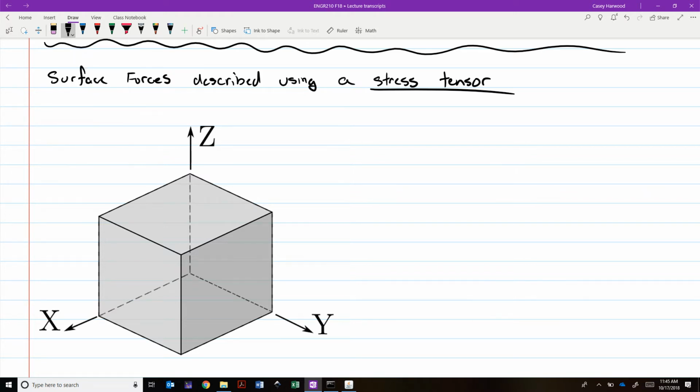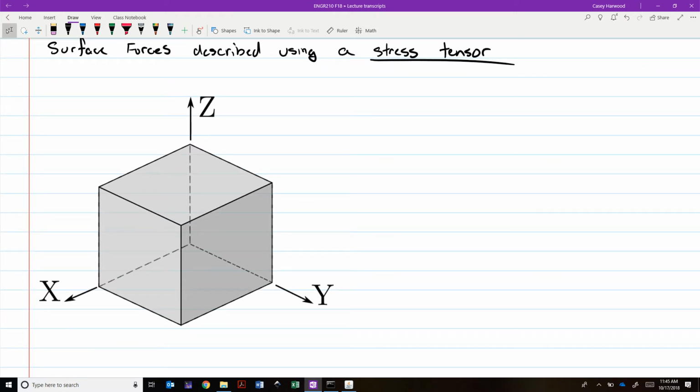We would say that we've got 6 faces on this cube, each of which is going to have an area. We'll describe those areas, this one, as delta A x, because its normal vector points along the x-axis. In other words, the normal vector is the i unit vector.